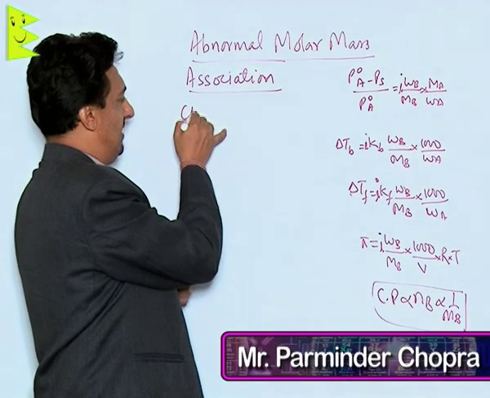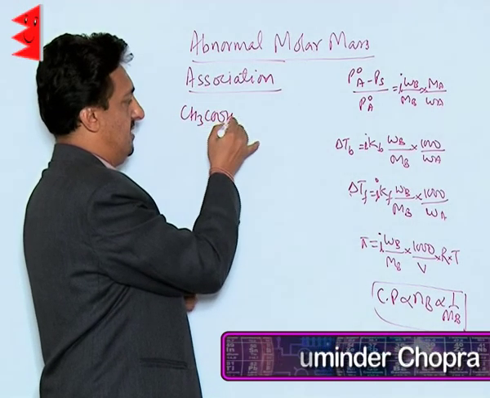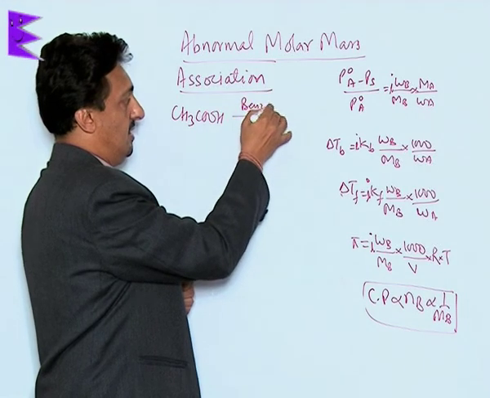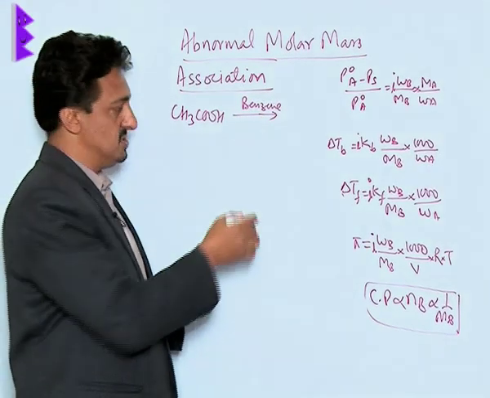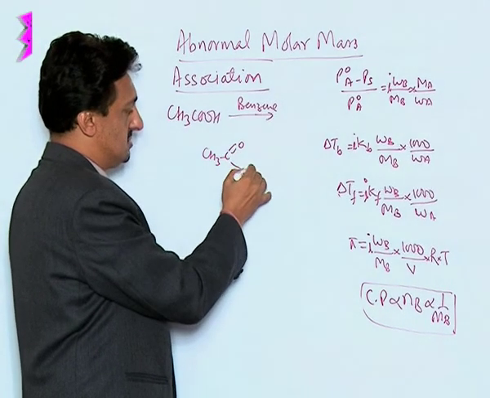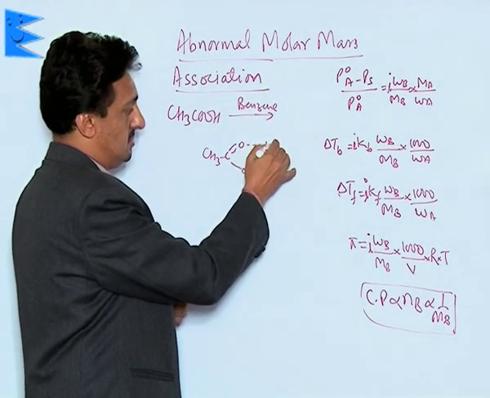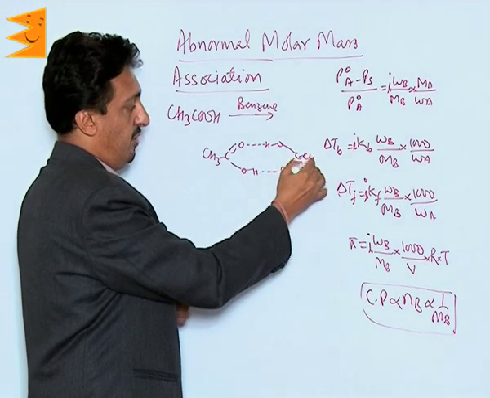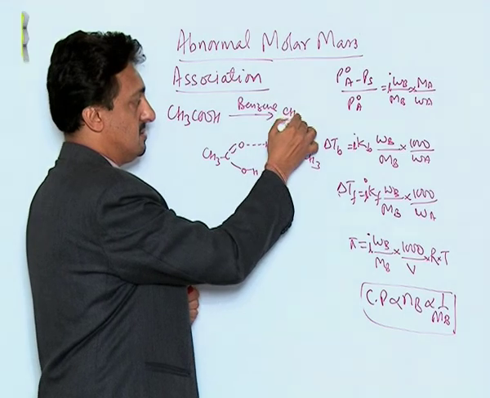We can take the example of acetic acid. When this is taken in benzene or in any other non-polar solvent, what we find is its two molecules form a dimer like this.